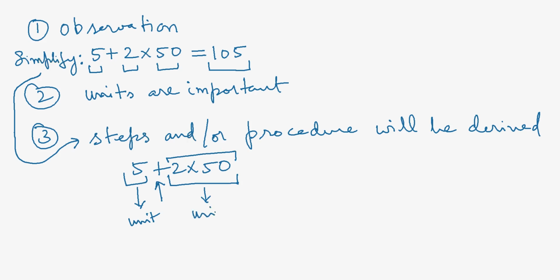Then only can these be added to each other, right? Yes. That is the reason why the multiplication, this is step 1. Step 1 is multiplication according to the given mathematical expression, right?